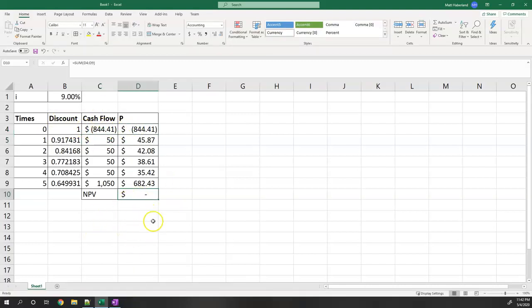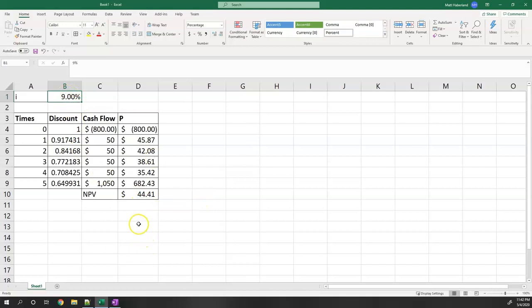And so we want to find the rate of return now if we pay instead $800. All right, so now this is our net present value at a 9% rate of return. But if we want to find the yield, the effective rate of return, then we can find what interest rate makes the net present value equal to 0.